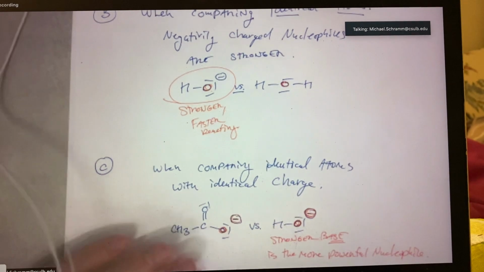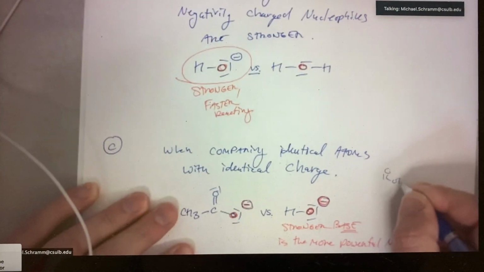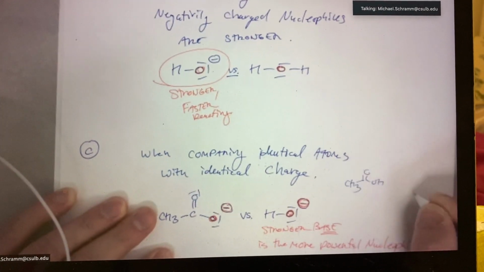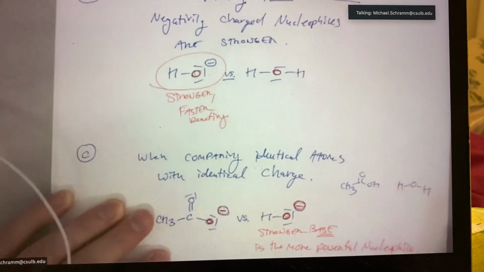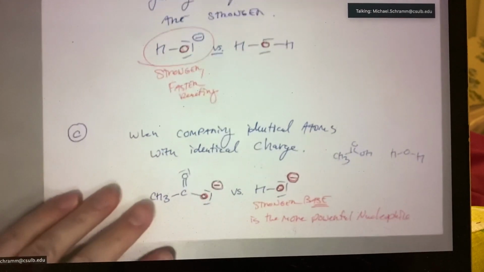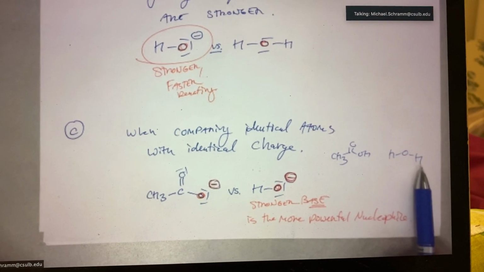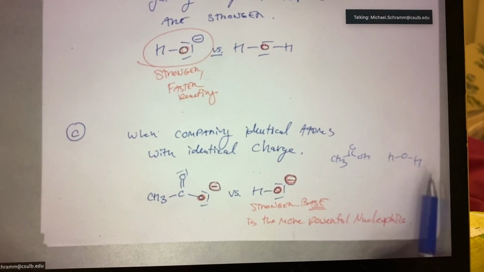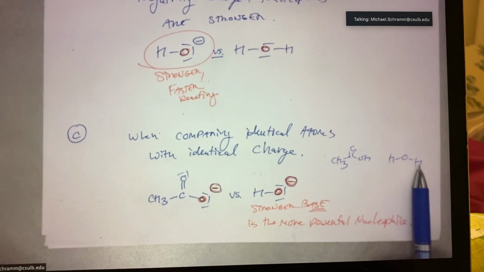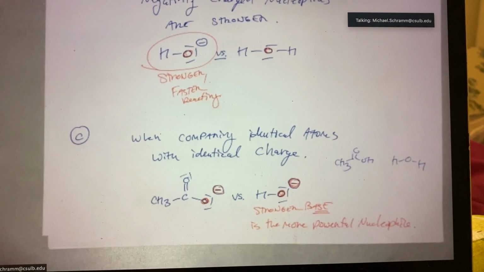The way that you could easily do that is simply draw the conjugate acids of these two things, water and acetic acid. pKa of acetic acid is about 4.75. pKa of water is about 15.7. This is the weaker acid. This will be the stronger conjugate base.